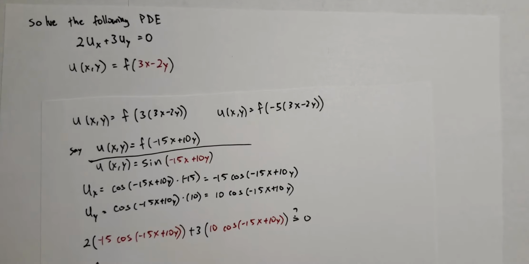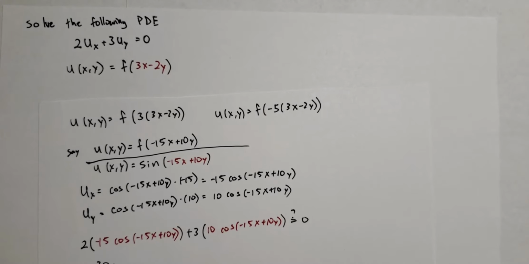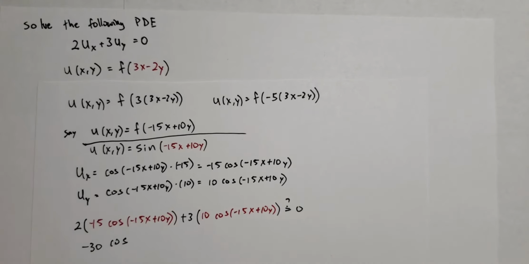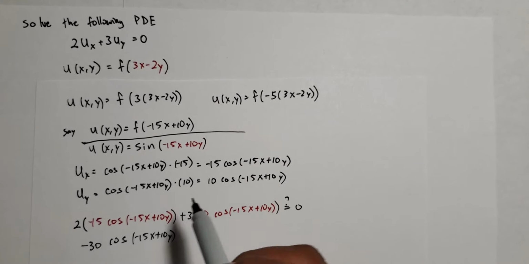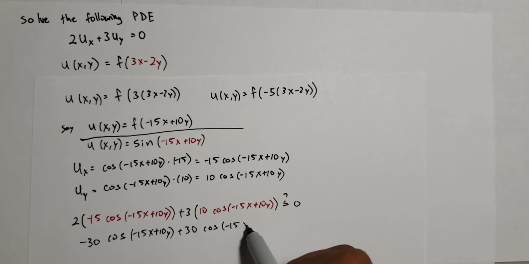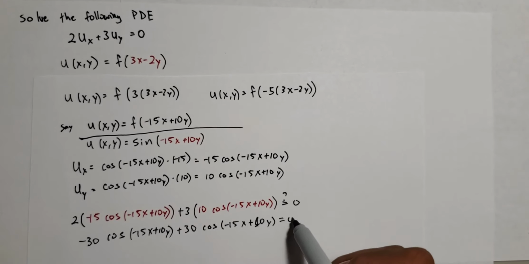Well, we distribute, so it's going to give us negative 30 cosine of negative 15x plus 10y plus 30 cosine of negative 15x plus 10y. And sure enough, it does equal 0.